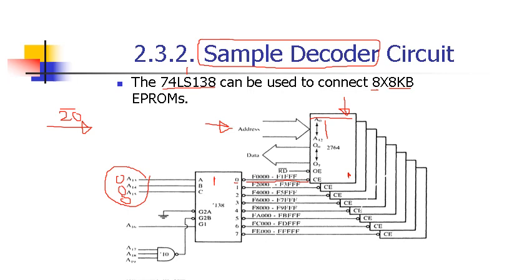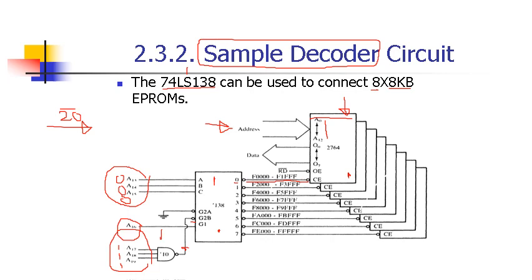And at the same time, we have to activate this line decoder by providing A17, A18, A19 all ones through this NAND gate. Here you have a 0, so you are activating this G2B. And your A16 should be high.